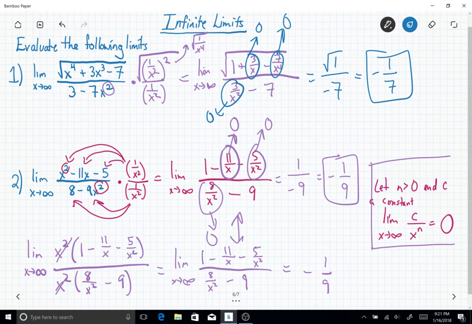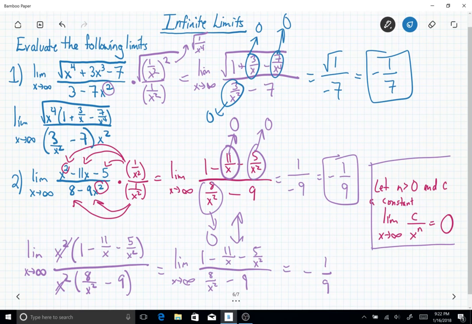Another way, once again, you could have done this factor out. And what I'd say is always factor out the degree of the polynomial. So this could become 3 over x squared minus 7 all times x squared. And then in the square root, you get x to the 4th. If we factor that out, we get 1 plus 3 over x minus 7 over x to the 4th.